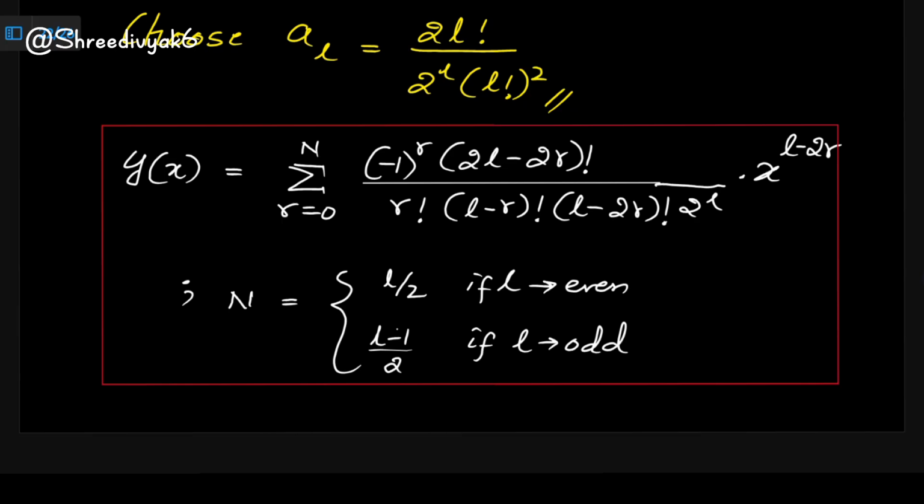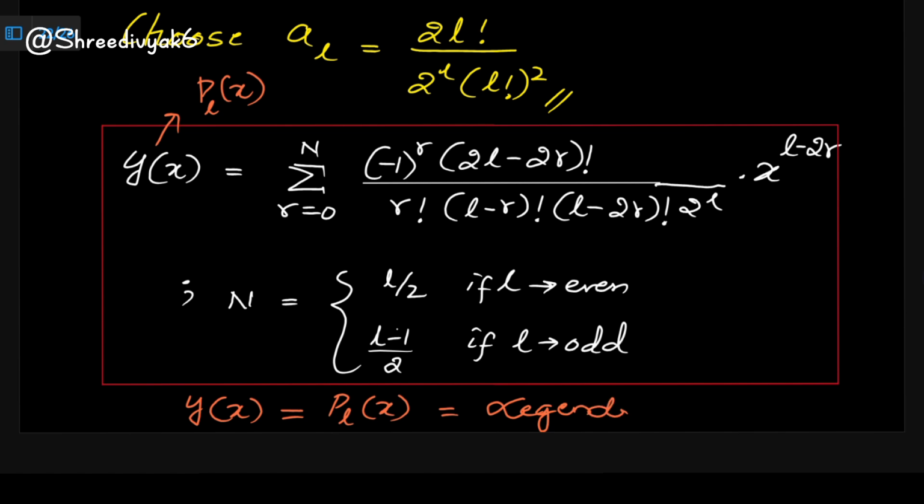Now this y of x is PL of x, meaning we say that this y of x is nothing but PL of x. We call it the Legendre polynomial. PL of x is the solution to the Legendre differential equation.